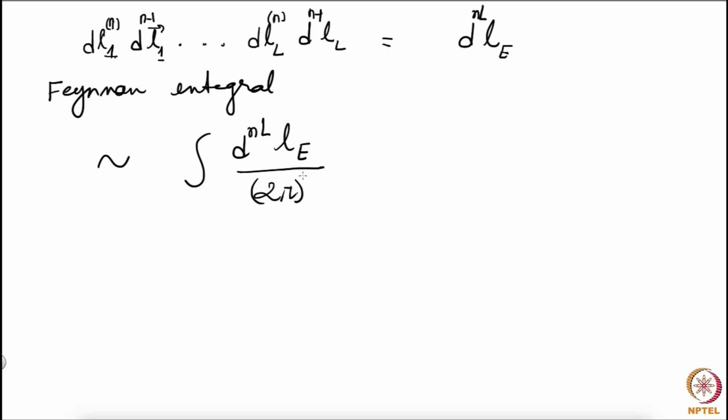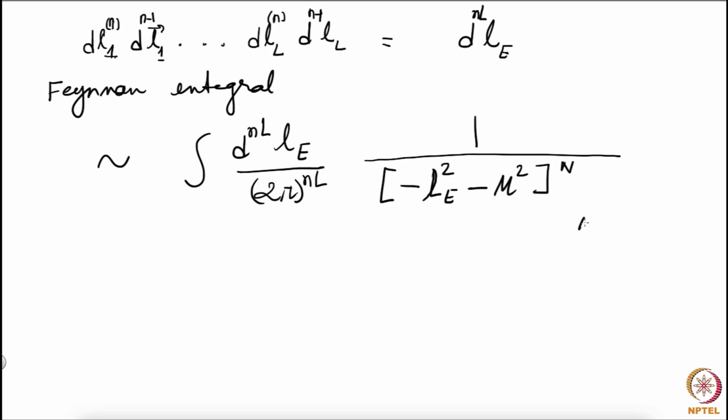Times 1 over minus, I will use a square bracket, minus L Euclidean square, okay, minus m square power n, okay, where m square is positive. Okay, good. So that's how an arbitrary Feynman integral is going to behave. There are other factors which I have omitted, but they do not carry the loop momenta.